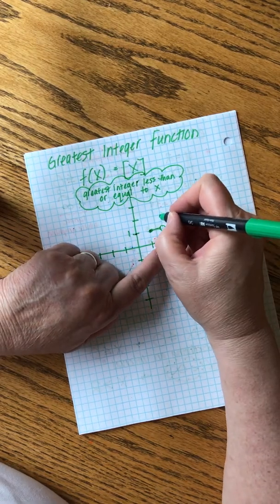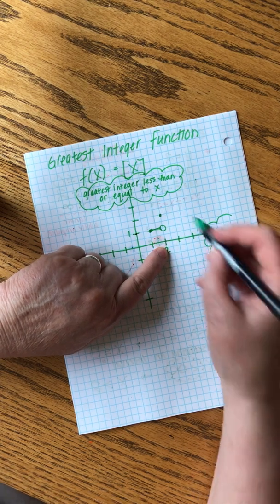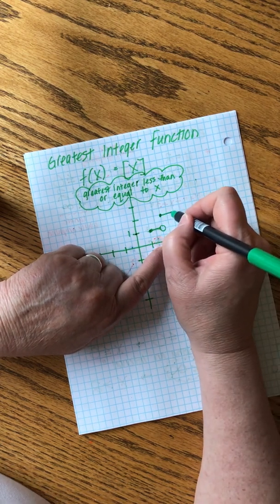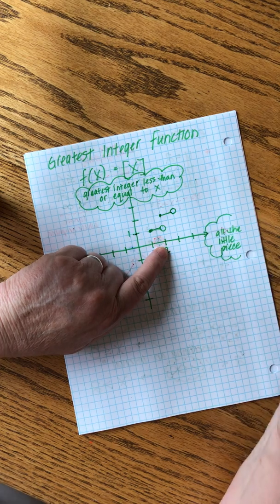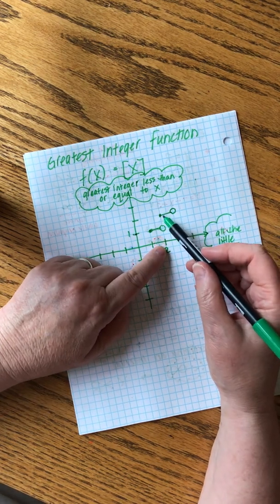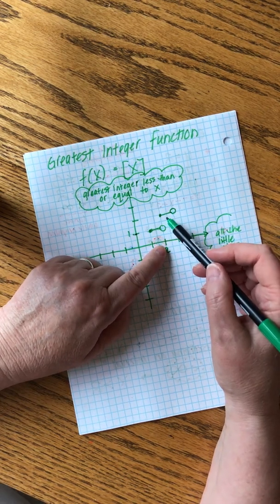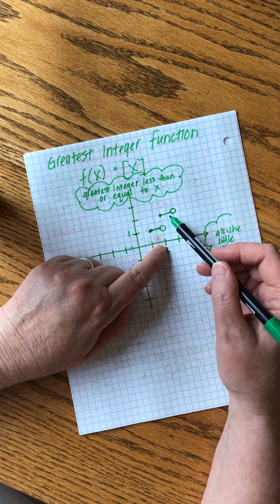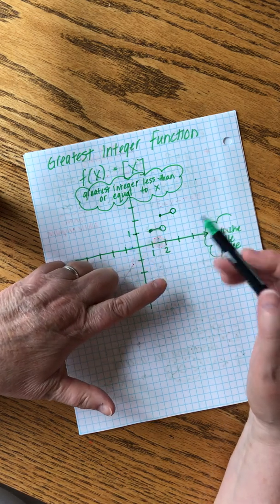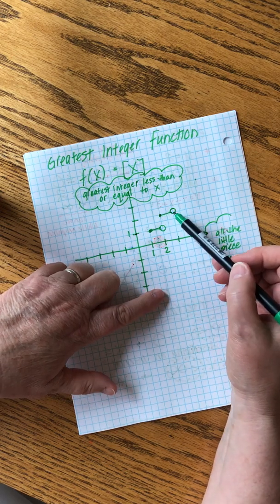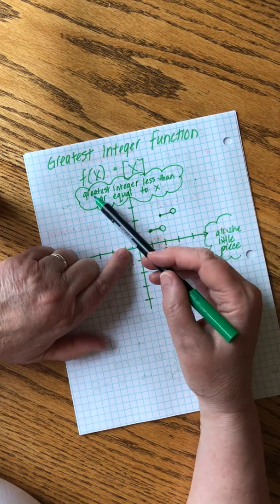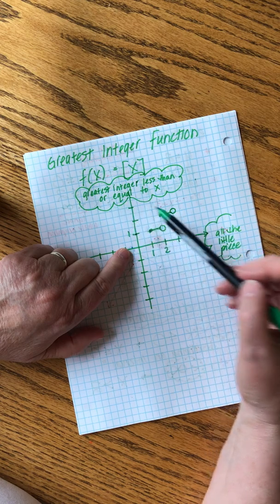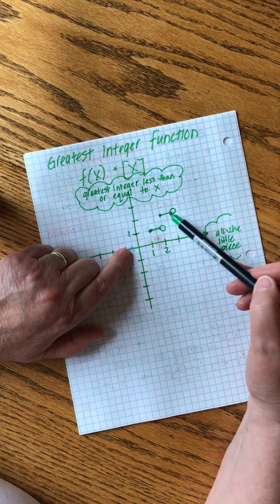Let's start with 2.00000, and let's include all of the numbers that have 2 point something in front of them. 2.7934, 2 and 100 over 105. Write any number you can think of that starts with a 2 but doesn't go all the way up to 3. What is the greatest integer that's less than or equal to any of those numbers with 2 and some little pieces?